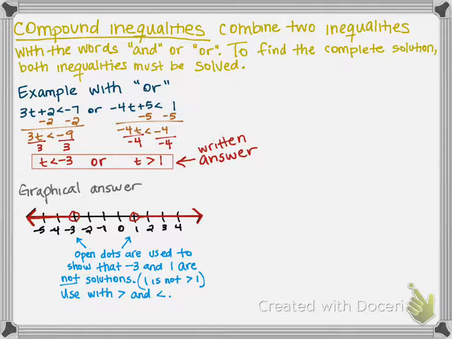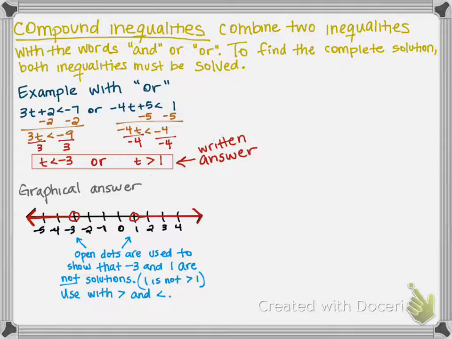For the record, I forgot to note up here, the sign did flip on the second one from a less than to a greater than because we divided by a negative. So in case you're wondering, that's why it went to t is greater than 1.